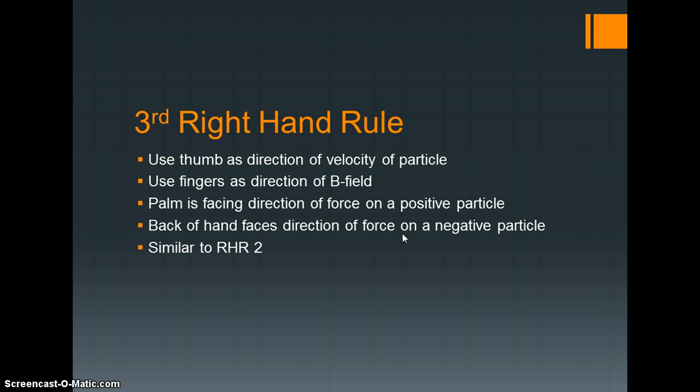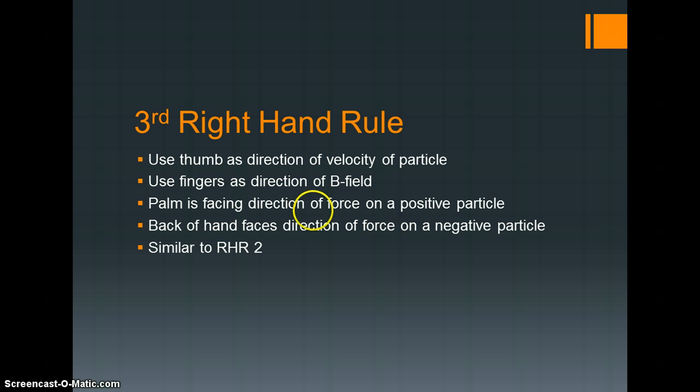This means that a particle with a positive charge would move upward in the magnetic field that we have here, given the direction of the velocity. And a negative particle would move downward relative to the screen, because the back of our hand is facing down. You can see how this is very similar to right hand rule 2, except in this case we're dealing with a particle as opposed to a wire.